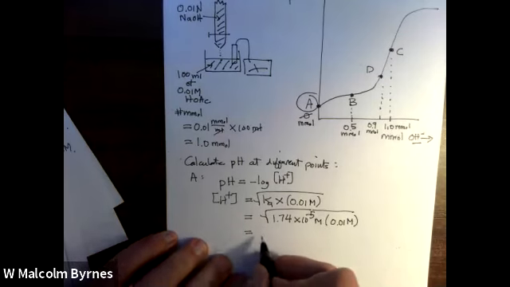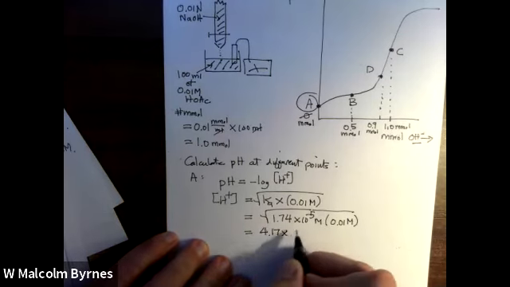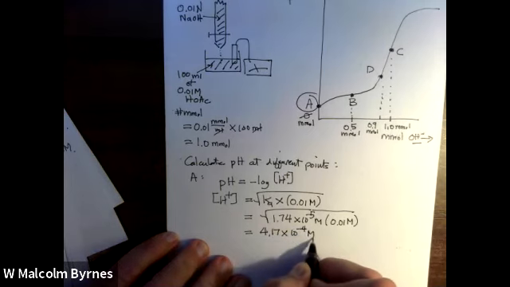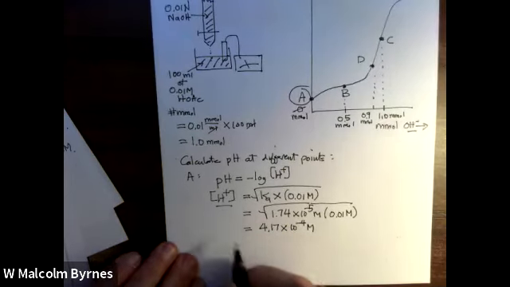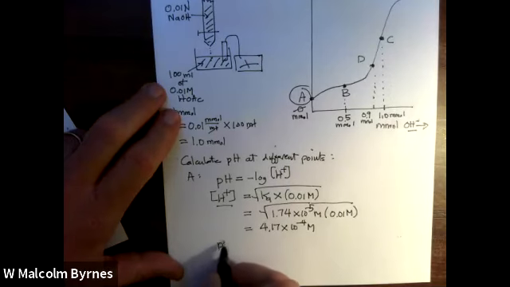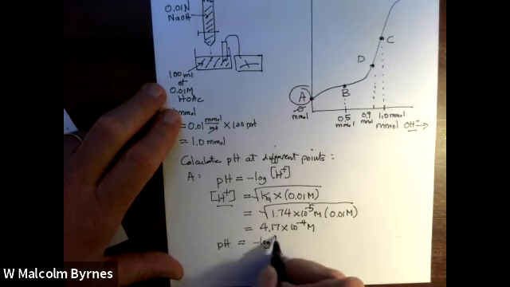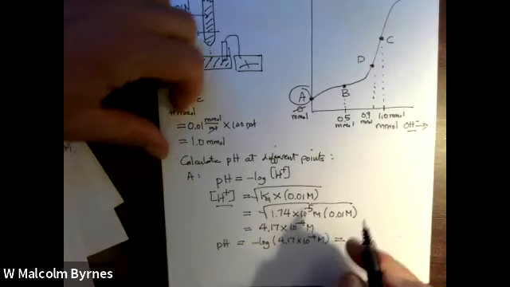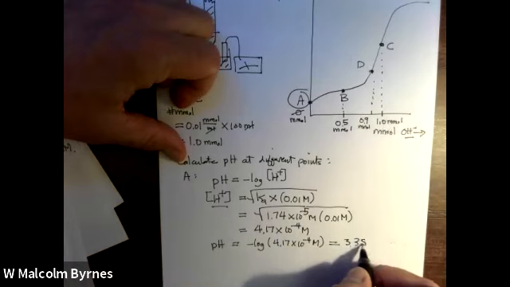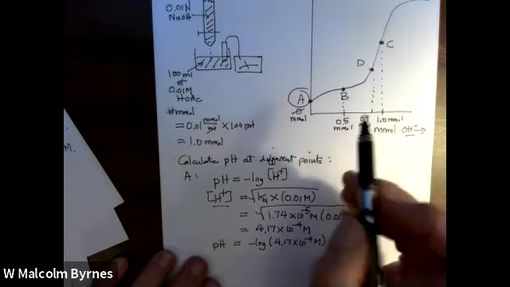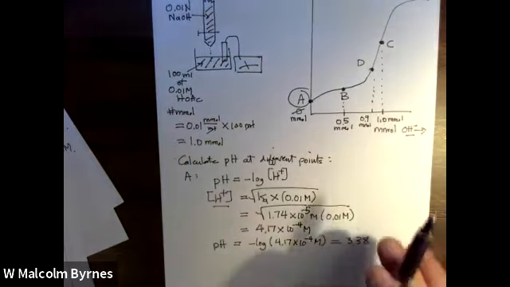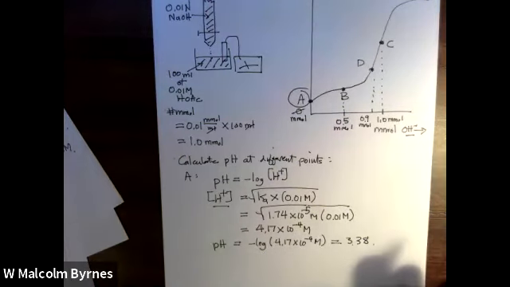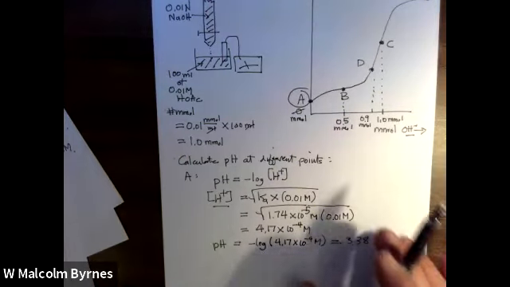So it's 4.17 times 10 to the minus 4 molar for the hydrogen ion concentration. And the pH is equal to the negative log of 4.17 times 10 to the minus 4 molar, which is just 3.38. So the pH that we start off with for the acetic acid solution by itself is 3.38.